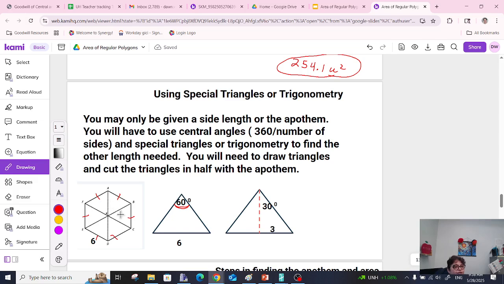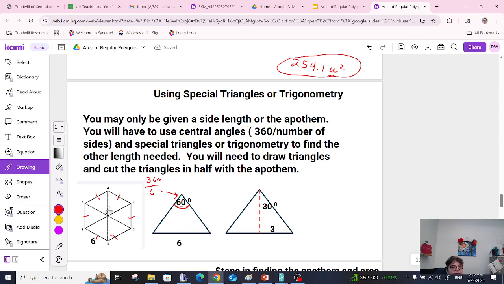Because each of these triangles is equal, you could think about this being a circle and rotating around, right? So each of these angles here would have to be 60 degrees because 60 times 6 is 360. Basically, you just took 360 divided by 6, and that gives you this central angle right there.